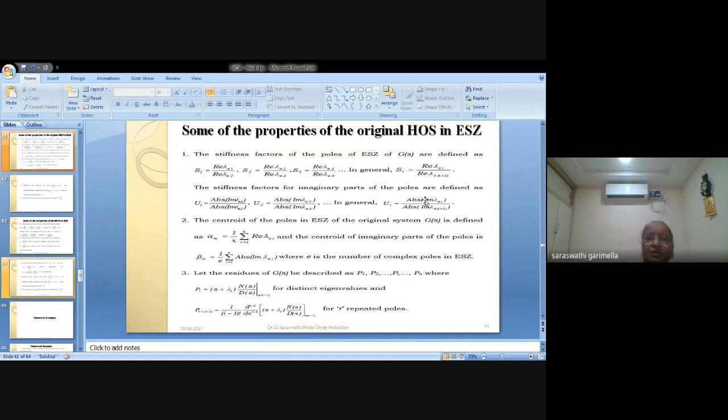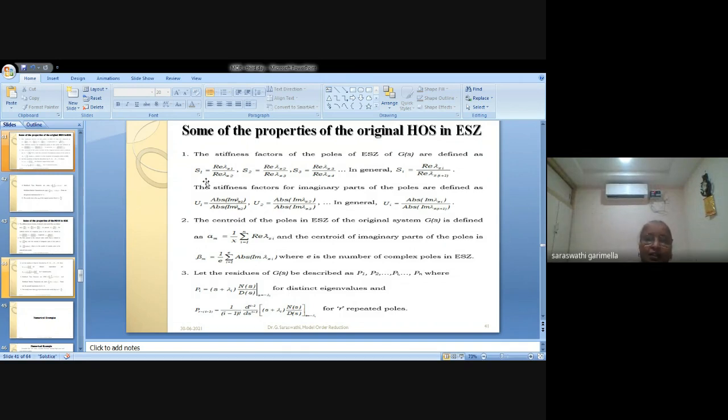That's why I am taking the absolute value. So the general notation is this. And the centroid will also be calculated in the ESZ, for the original system as well as for the reduced model.